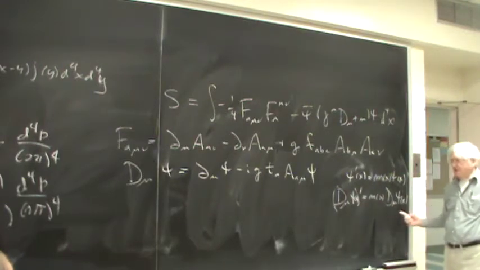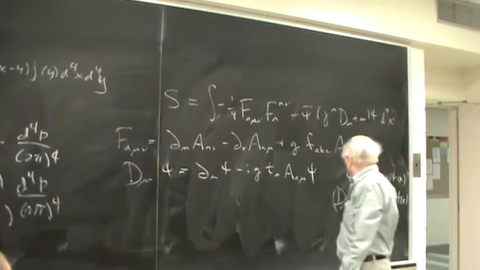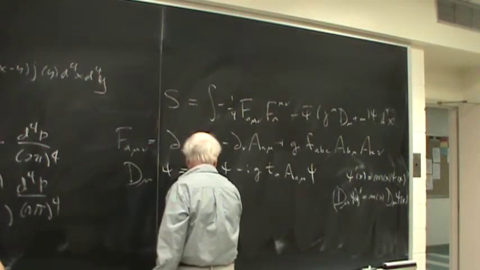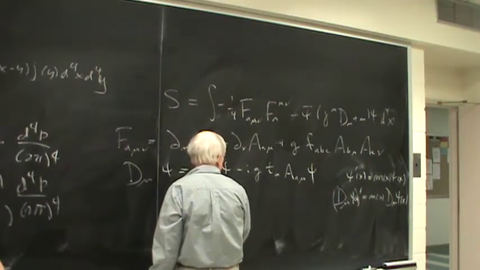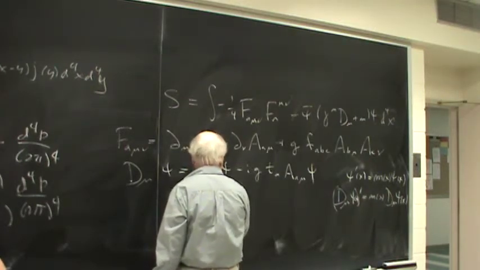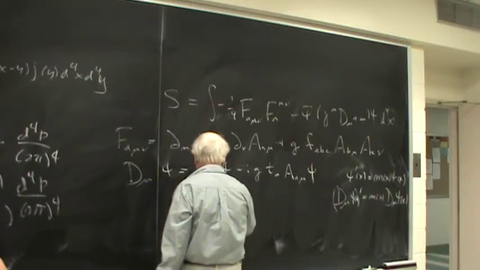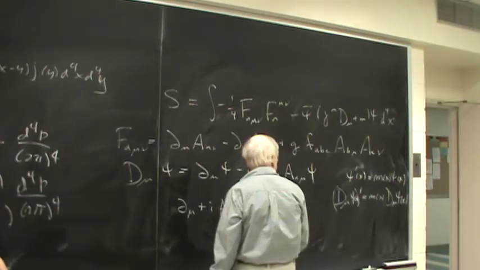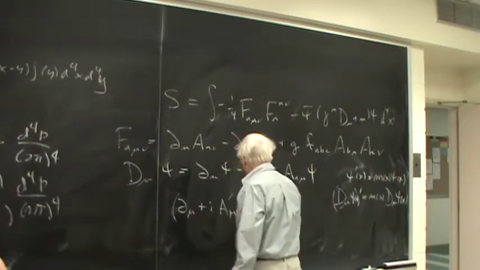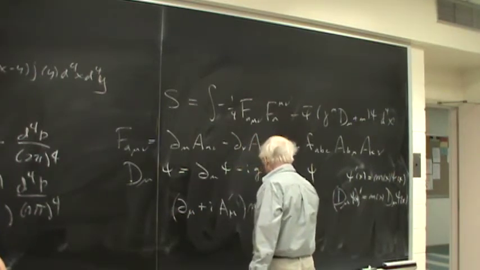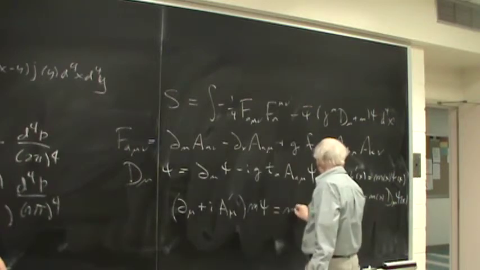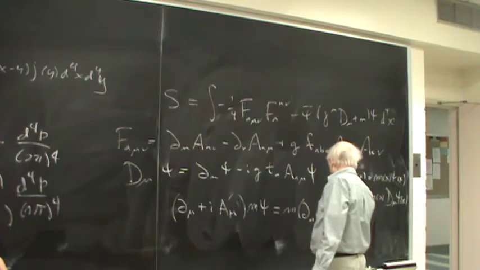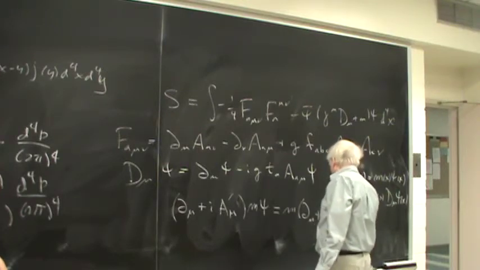And the way that we arrange that is to have, what would that be? D_mu, let's use matrix notation. This is d_mu, let me just write it, plus i A_mu, so I'm writing the covariant derivative this way, plus A_mu prime, M psi. It should be M times (d_mu plus i A_mu) psi.